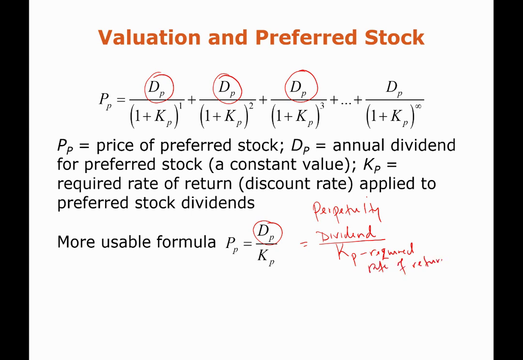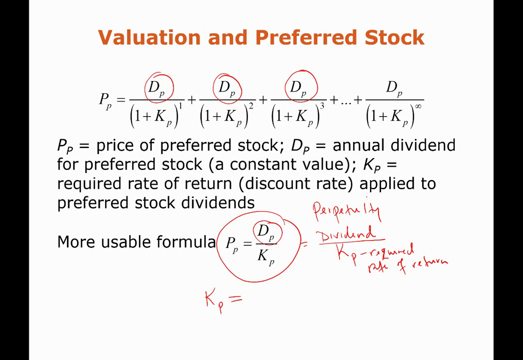This is what we discussed in part two of the presentation. If you divide the dividend by the required rate of return, this gives you the price or the value of the preferred stock. So again, it's a very easy process. Just know the dividend, because it's going to be constant every year, take the dividend and divide by the required rate of return, and that will give you the price. Remember, we used this formula in our previous segment, because there we were looking for the required rate of return, and therefore we just take the same formula.